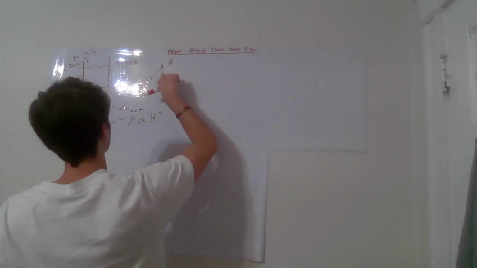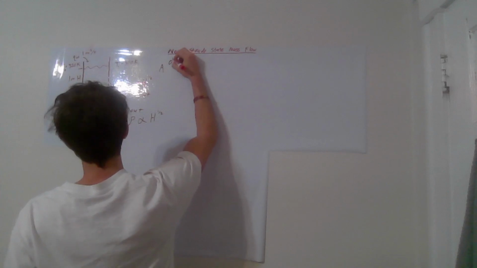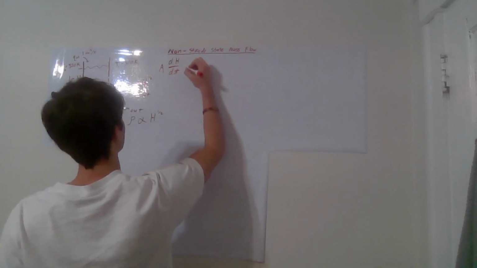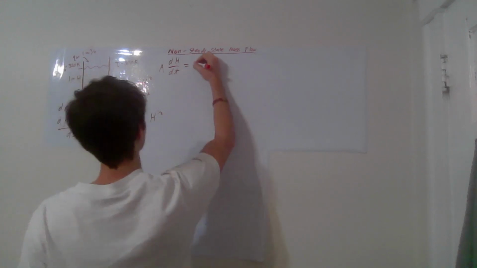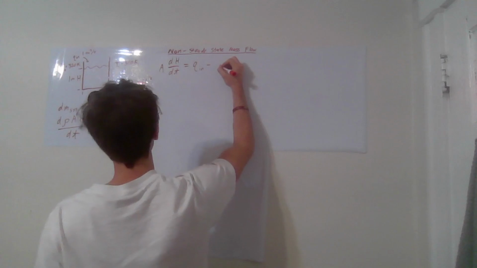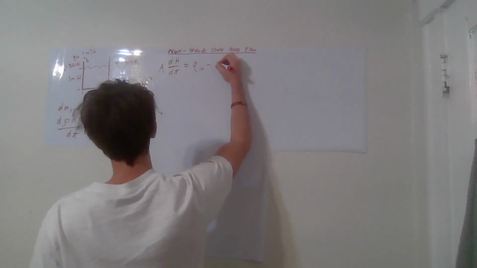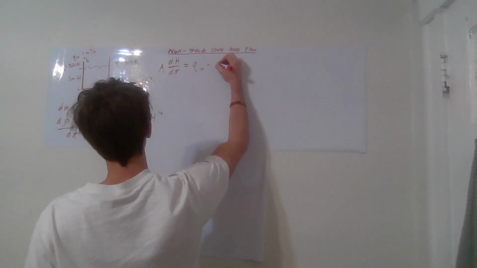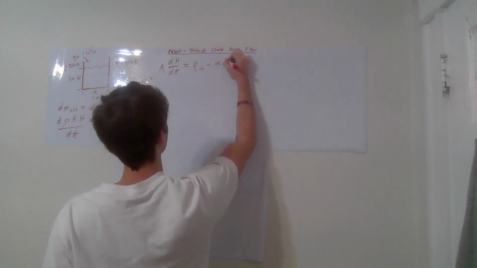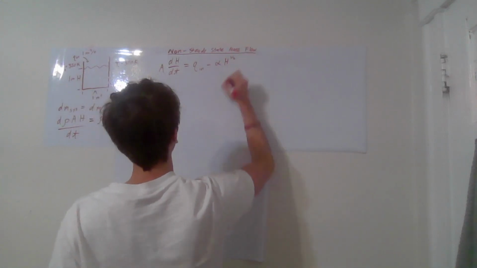So A times dh over dt is going to be equal to the flow rate going in minus our alpha times h to the 1/2.